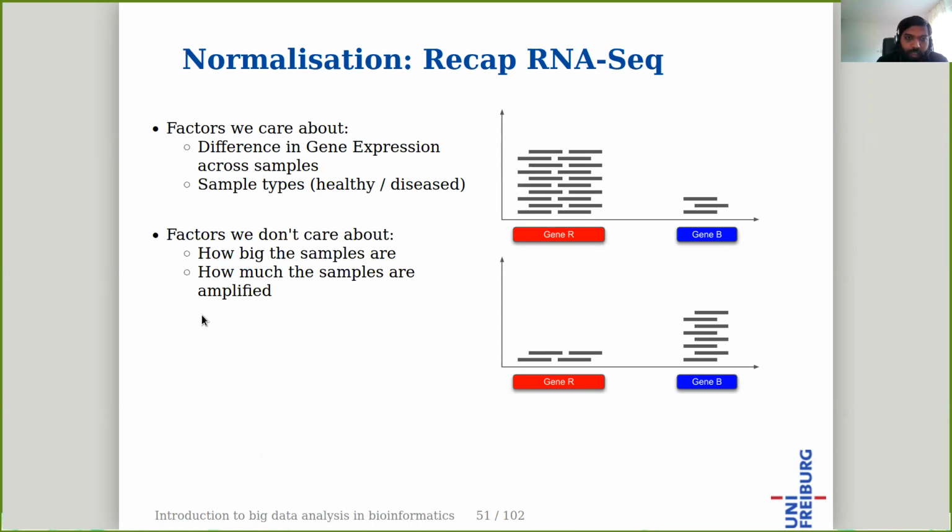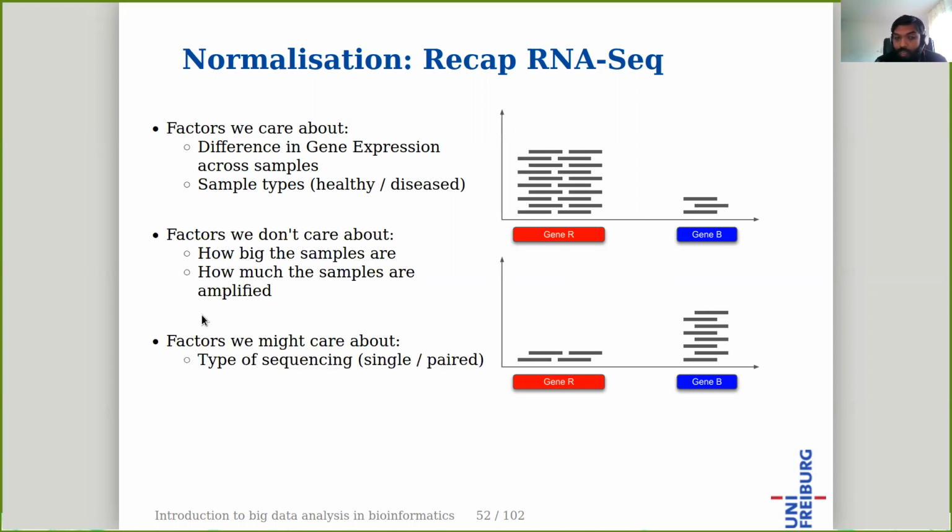The samples are anyway normalized in the end by some normalization method, for example, with DESeq2, where we take the size factor and then normalize them all to the depth at which they are sequenced.